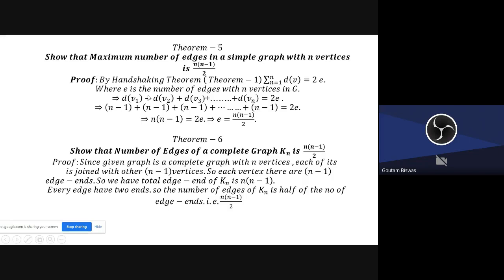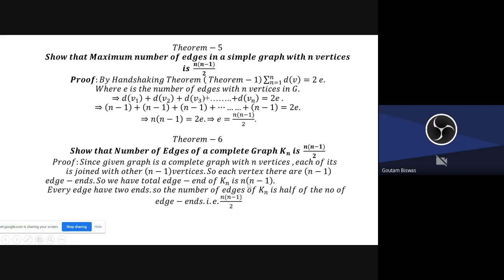It is a simple graph, so all are connected, so the maximum degree is n minus 1, n minus 1, n minus 1. So we get n into n minus 1, and the maximum number of edges is n(n minus 1)/2. So that is the number of edges in a complete graph, given the graph is a complete graph. So these two are more or less the same.